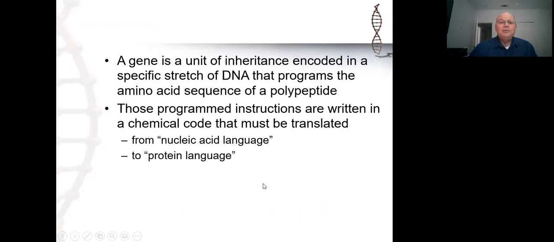So when we think in terms of a gene, all we need to realize is that a gene is a unit of coded information within the DNA molecule that typically codes for the amino acid sequence of a polypeptide. And so when we think in terms of cellular information, we think in terms of two languages: the language of nucleic acids, of DNA and RNA, and the language of proteins, the language of amino acids.